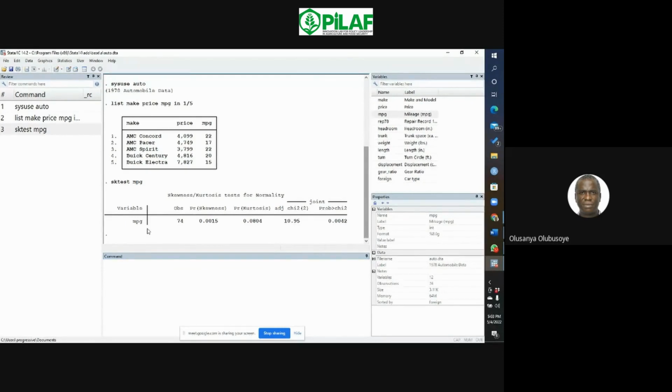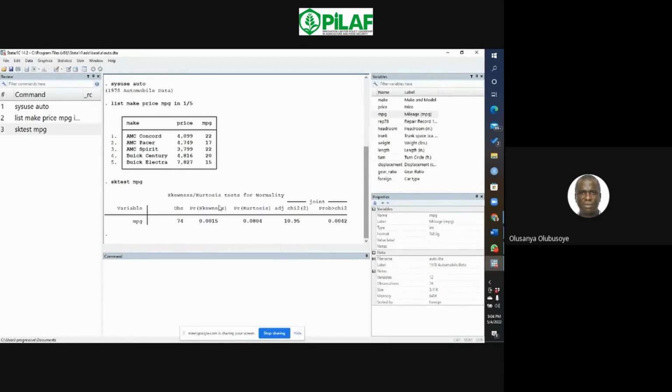So the result shows that you have 74 observations. This shows the probability that the test is skewed or is normal. Of course you expect the measure of skewness, not the probability.